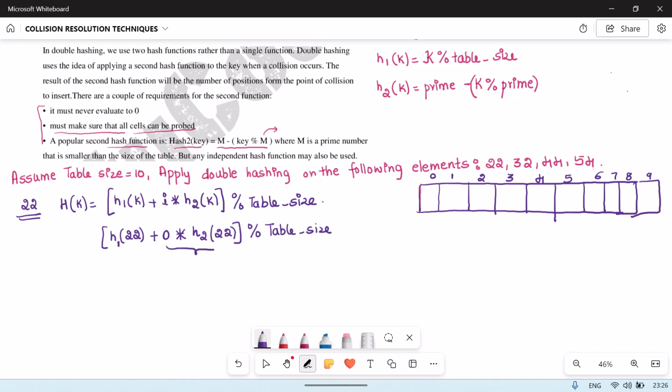This part would become 0, because anything times 0 is 0.